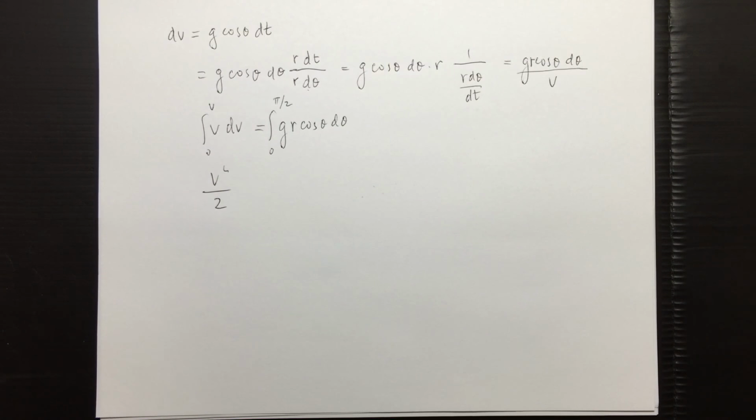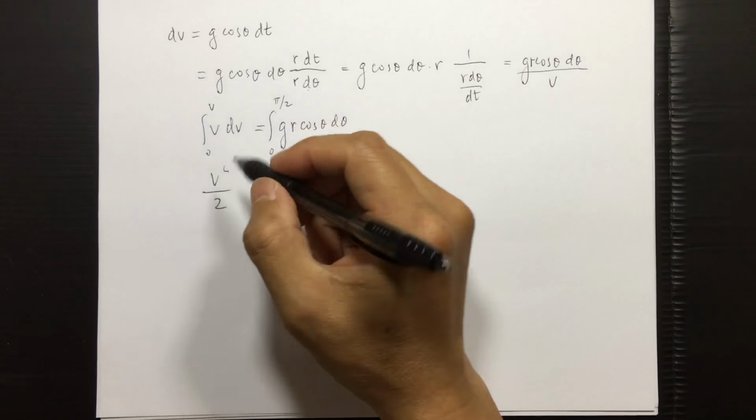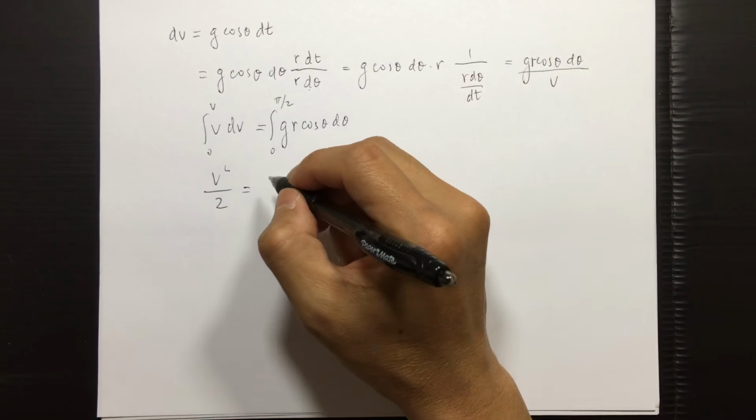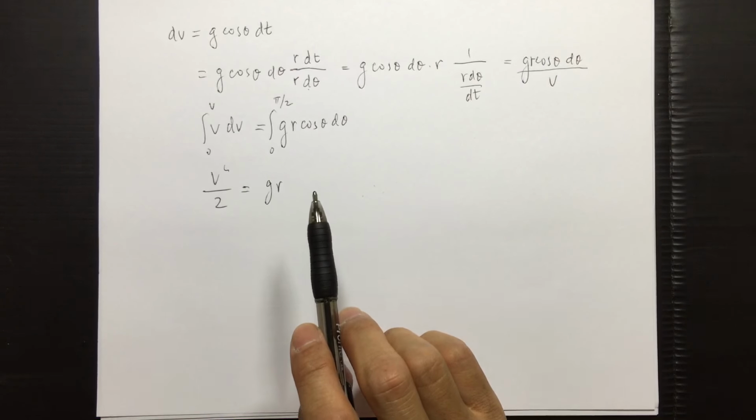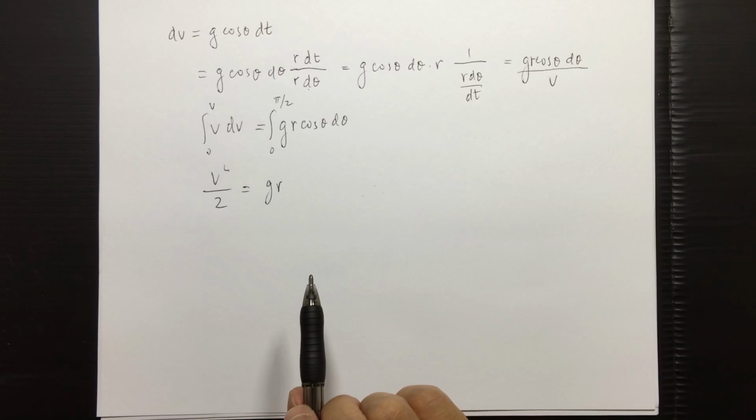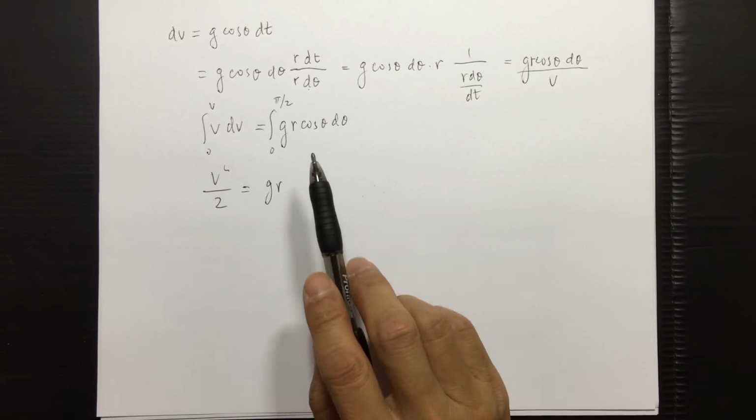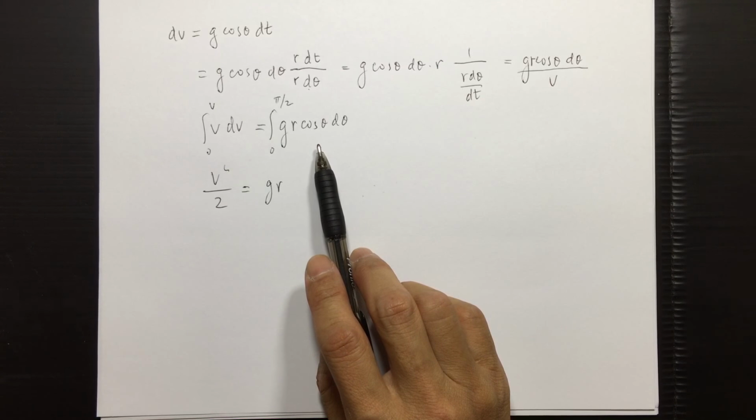Now 0, 0, right? I'm going to take the g r out. What's this? Cosine theta. You take an integral, becomes 1.